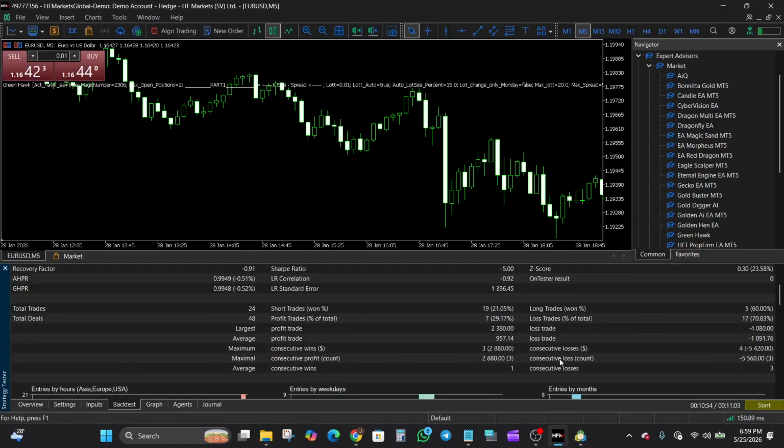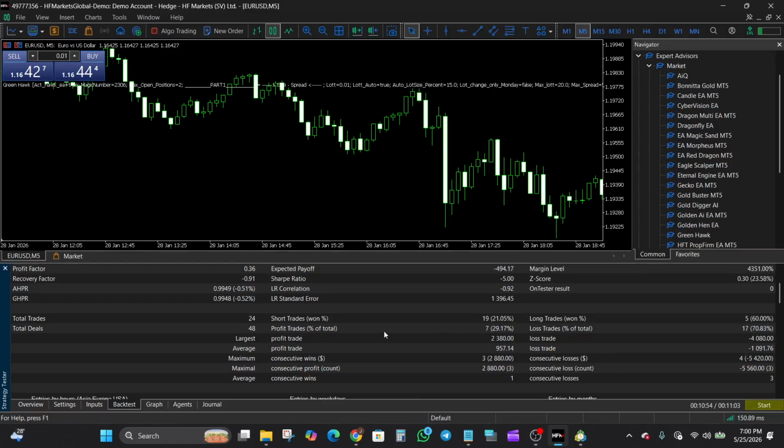So one of the things I can observe from this is that the risk to reward ratio is not good enough. Okay, the average profit is actually less than the average loss, so we have a bad risk to reward ratio here, and the win rate is also bad. We can see that especially for the short trades, 21% is very low.